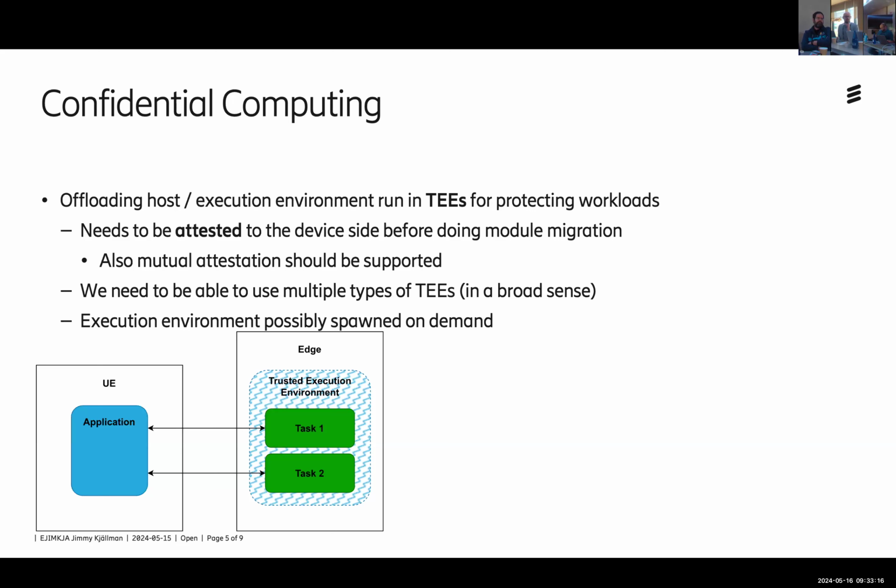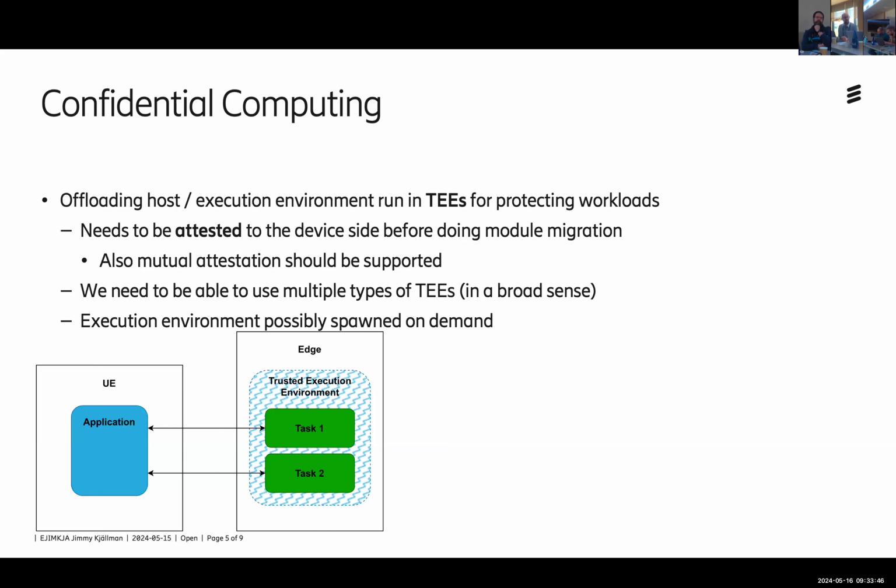And we preferably would want to attest the whole thing running there. So not just, for example, something which is managing the connection keys or something like this, but actually the whole thing which is executed and which is running these tasks and handling the user's data. So it's attestation of the full hardware and software stack which we have there on the edge and providing this offloading service.